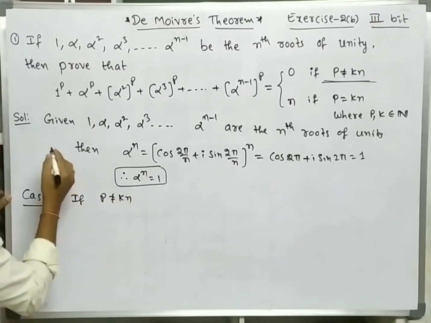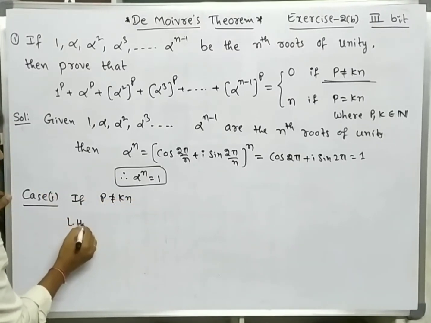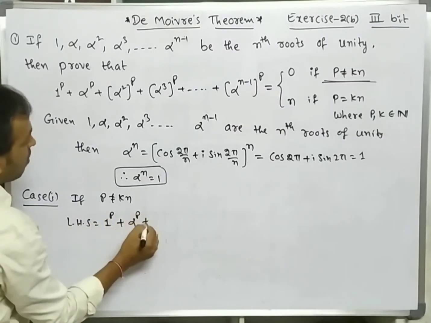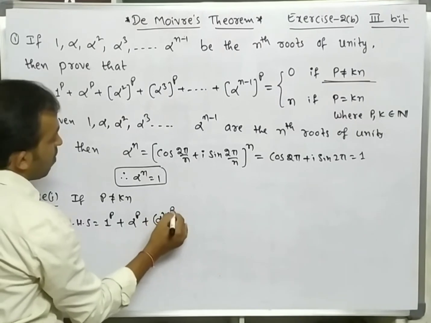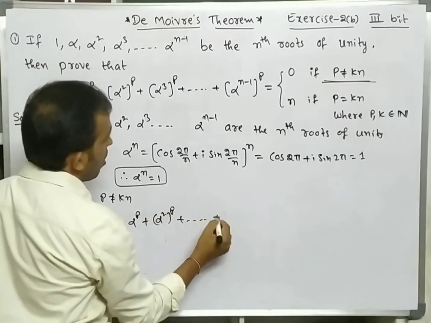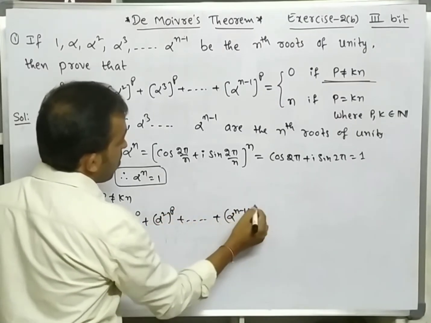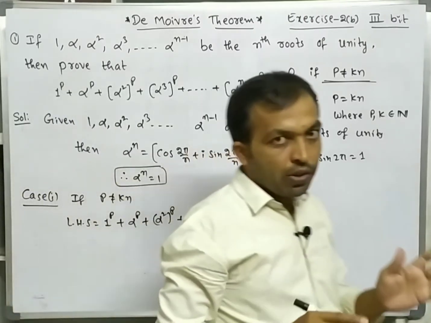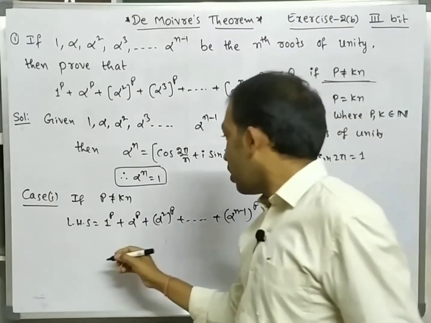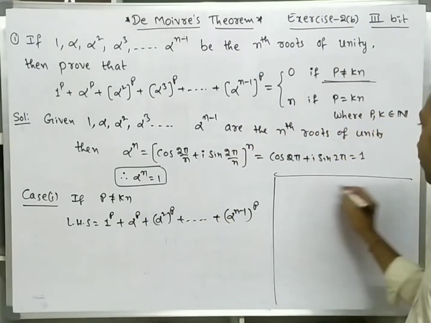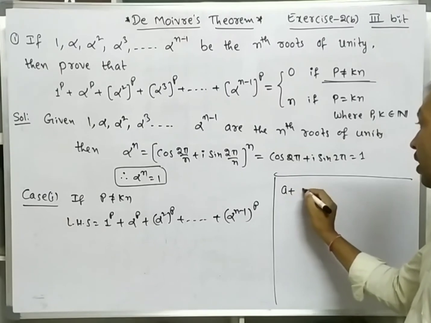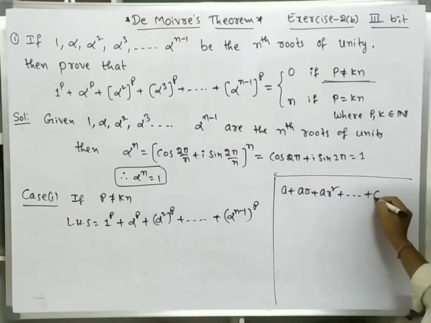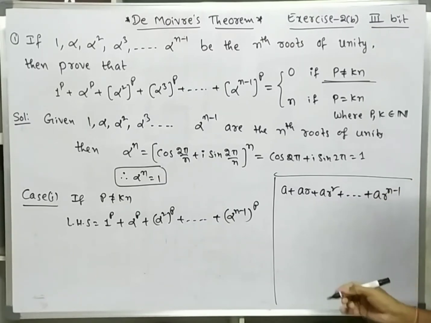Now the first case, if p is not equal to kn. Then the left hand side, that is 1 power p plus alpha power p plus alpha square power p plus so on alpha power n minus 1 power p, is a geometric progression. In a GP, a, ar, ar square, so on, the nth term is ar power n minus 1.